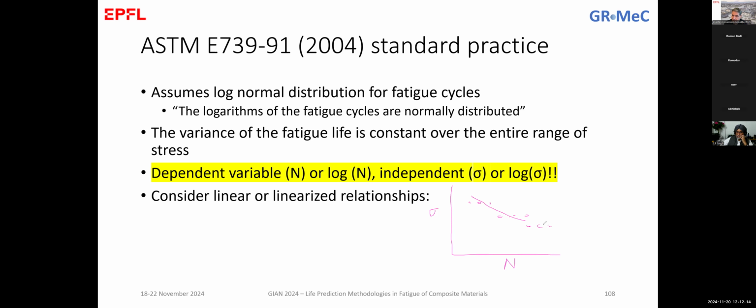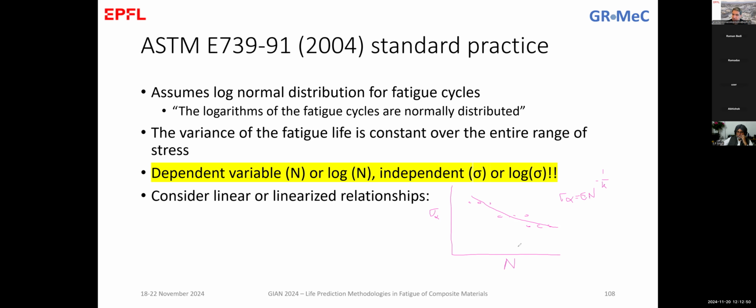Excel fits a line and gives us an equation, where sigma alpha, or sigma max, whatever this value is, let's say sigma alpha, equals sigma 0 times number of cycles to the minus 1 over k.